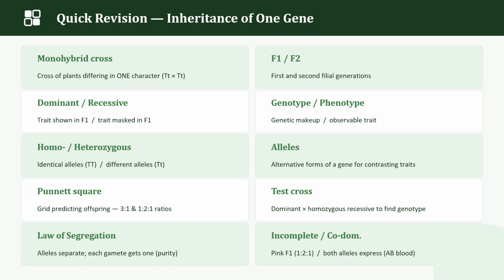Alleles separate during meiosis, that is the law of segregation, and the test cross determines the genotype. Incomplete dominance gives a 1:2:1 phenotypic ratio, codominance is illustrated by the AB blood group, and the ABO blood group also demonstrates multiple alleles.